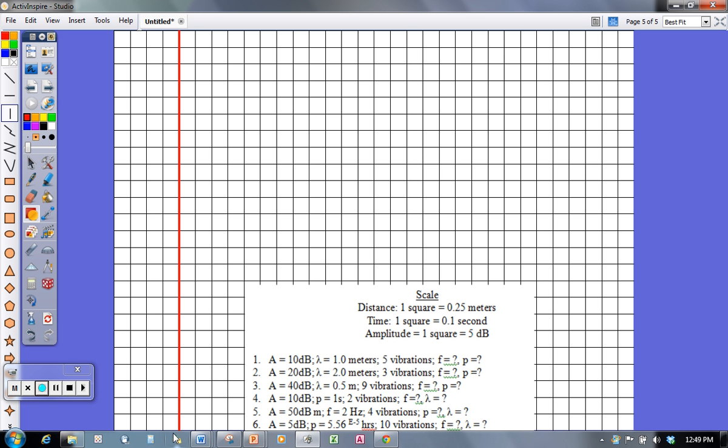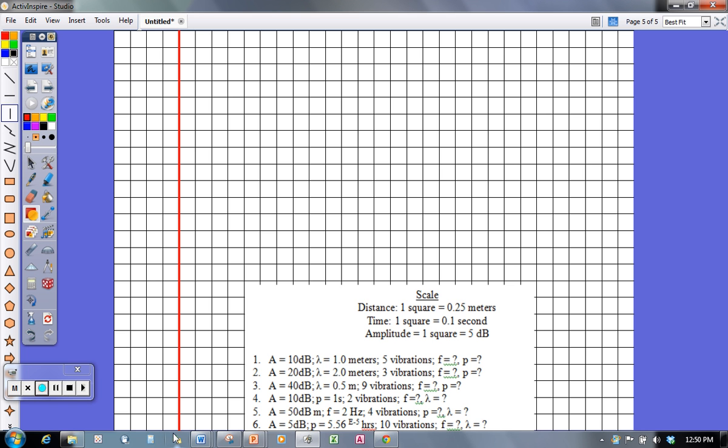We have a distance scale: 1 square equals 0.25 meters. From now on, just think of that in money: quarters. $1 equals 4 quarters. Our time scale is 1 square equals 0.1 seconds. And then our amplitude is 1 square equals 5 decibels.